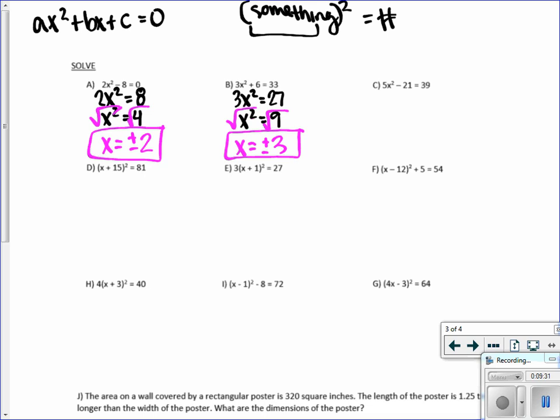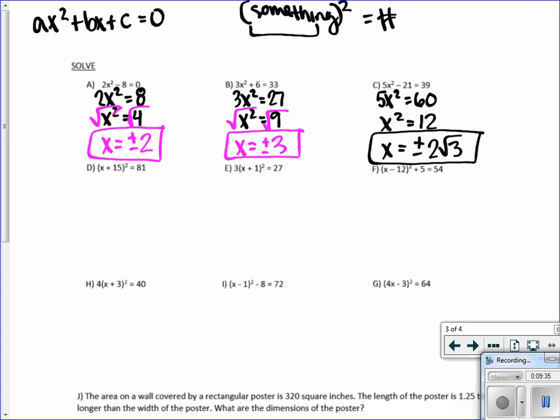Okay, try part C. We're going to move on to part D. D through G, what's different about all those? They have parentheses. But it's still the same concept. Is one side something being squared? Is the other side just a number?